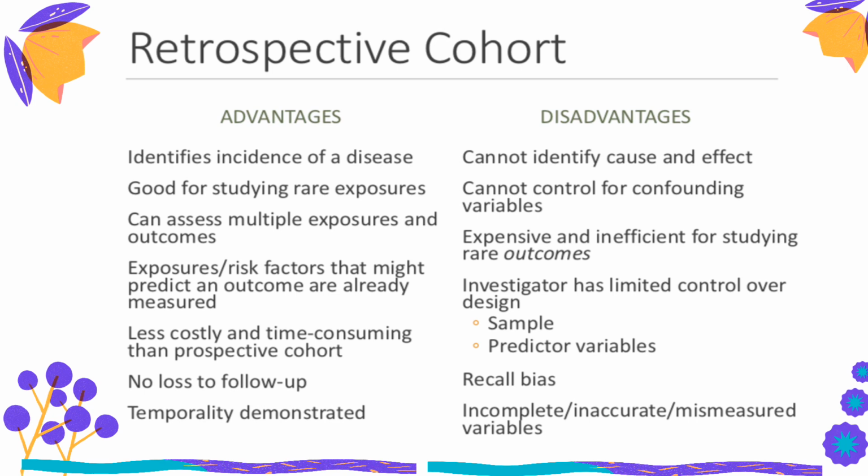Also, temporality is demonstrated. Disadvantages are it cannot identify cause and effect and cannot control for confounding variables. It is expensive and inefficient for studying rare outcomes. The investigator has limited control over sample design and predictor variables. It can have recall bias, and it can have incomplete, inaccurate, or mismeasured variables.